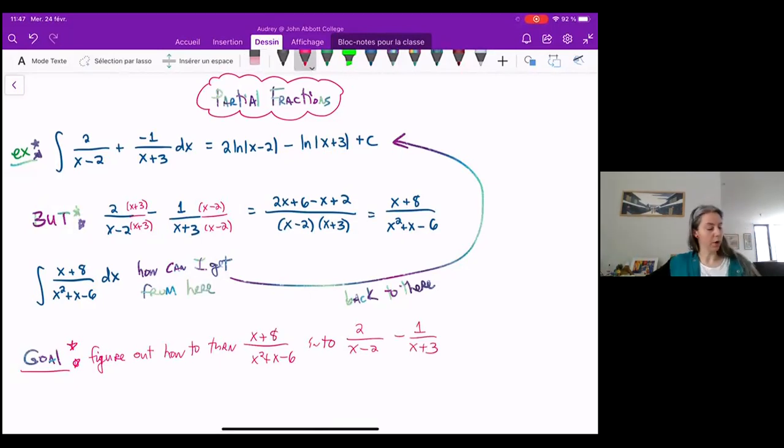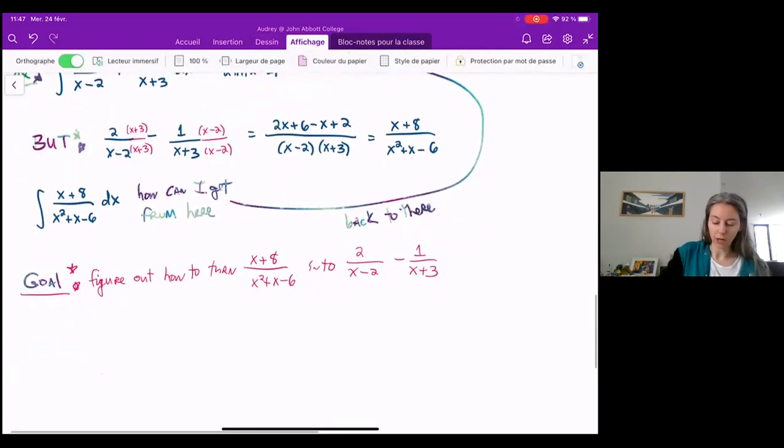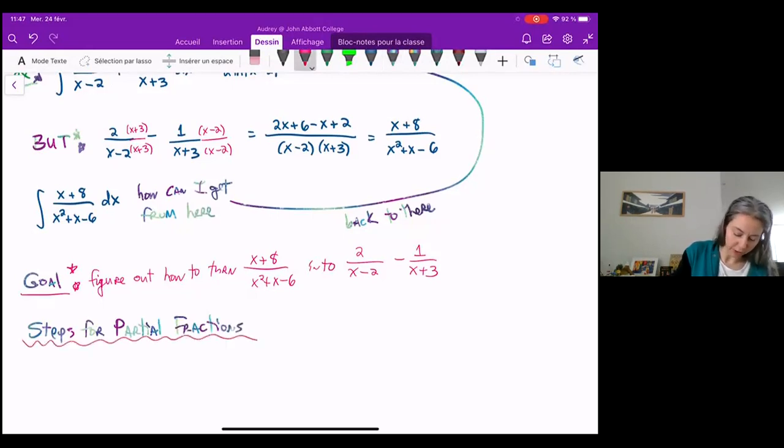And the first thing that we're going to do, our step one, so this method that we're going to create right here is called partial fractions. We're going to create those steps for partial fractions together while actually doing this. So, steps for partial fractions. The first step of partial fractions is to divide if necessary.